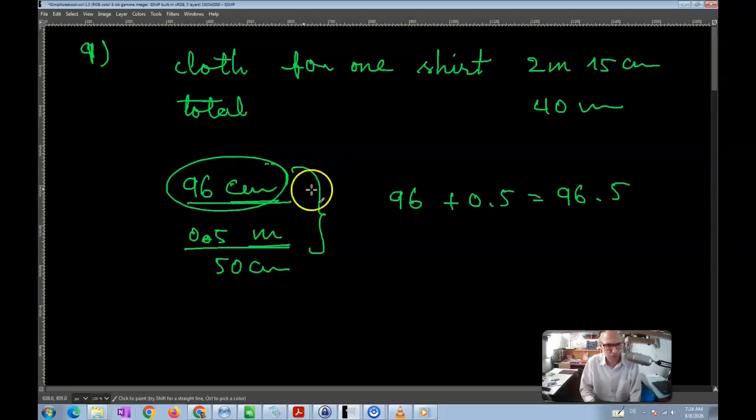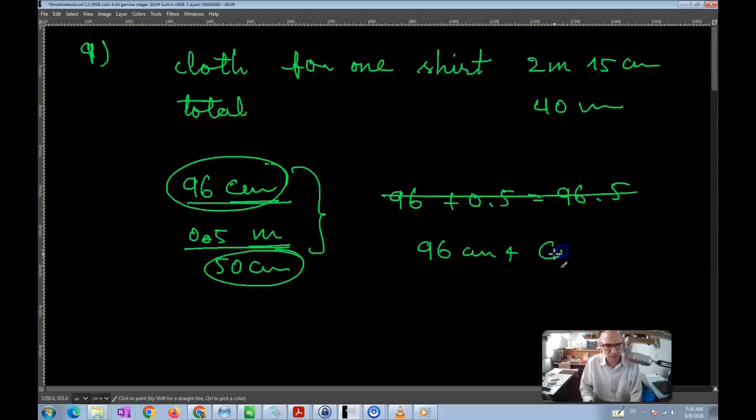So you cannot add them this way. You have to write 96 centimeters plus 50 centimeters, and now you can add: 96 plus 50 is 146 centimeters, and now the unit is centimeters.